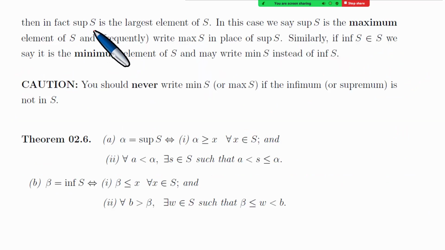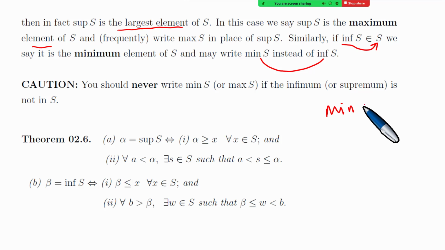Then, if the supremum of S is the largest element of S, in this case we say the supremum is the maximum element of S. So now we introduce the notion of the maximum element of S, and frequently write maximum S in place of supremum S. Similarly, and this is very important, a special case: if the infimum of S is an element of S, we say it is the minimum element of S, and we may write the minimum of S instead of the infimum of S. Caution!